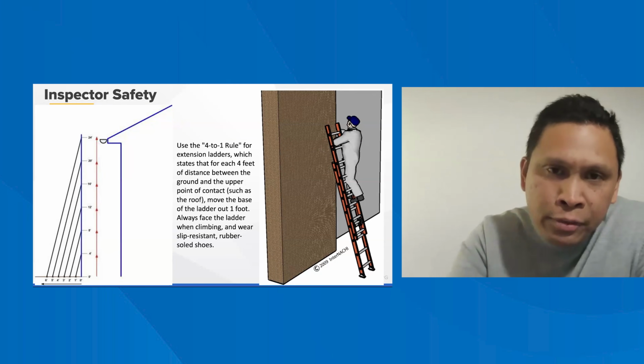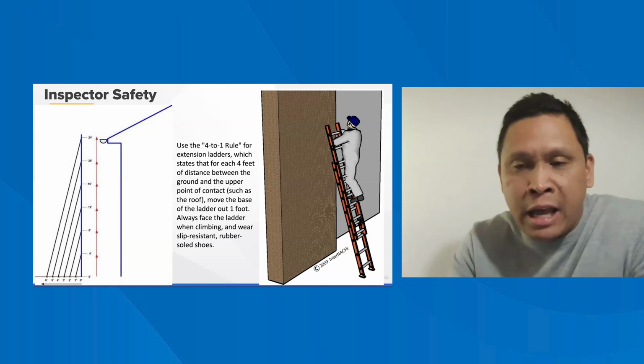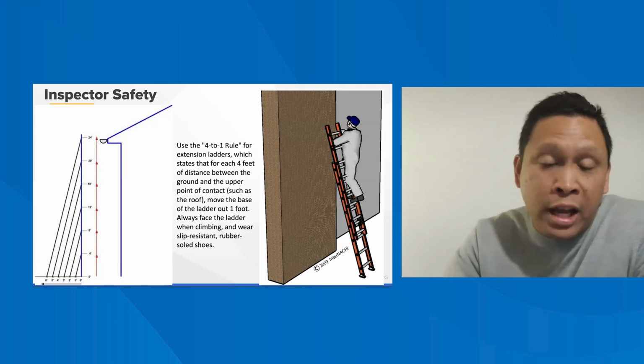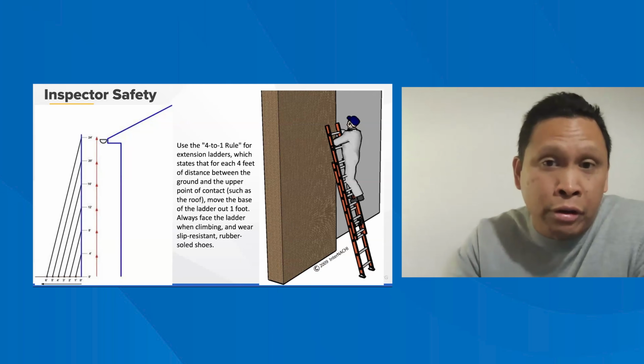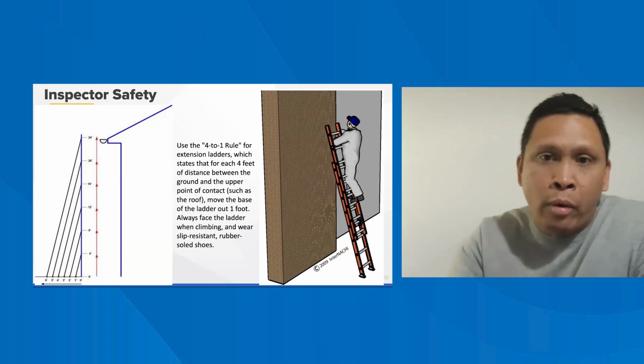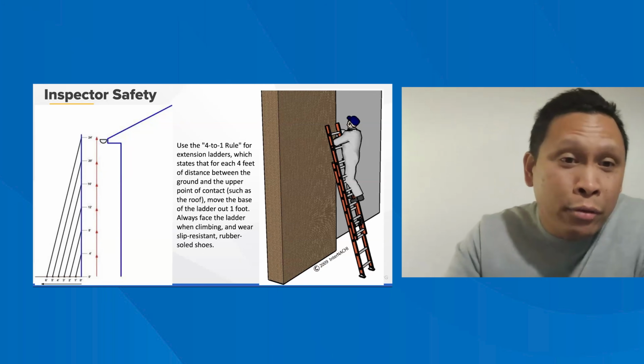So on this particular diagram, you can see an inspector standing on a ladder. I'm sure we are all doing it, but it's important to know we always want to make sure that we're using the 4-to-1 rule when it comes to setting up ladders. So what is the 4-to-1 rule?